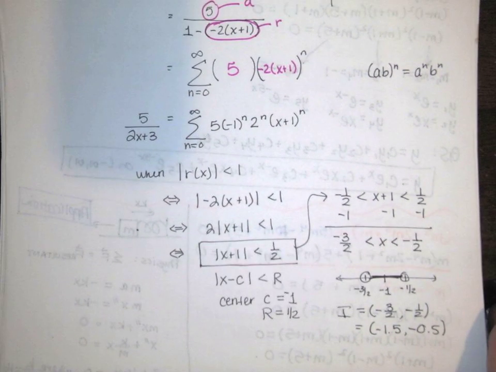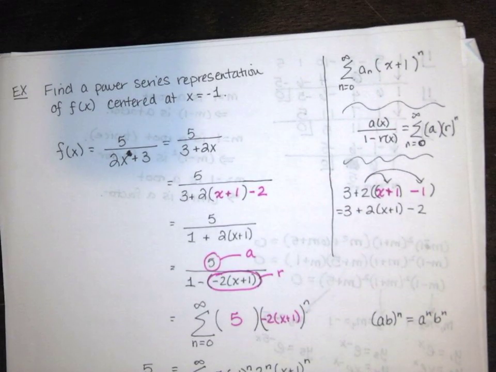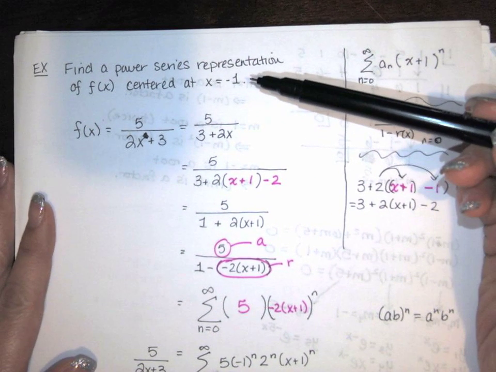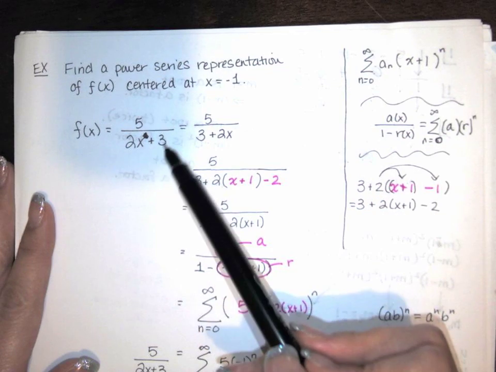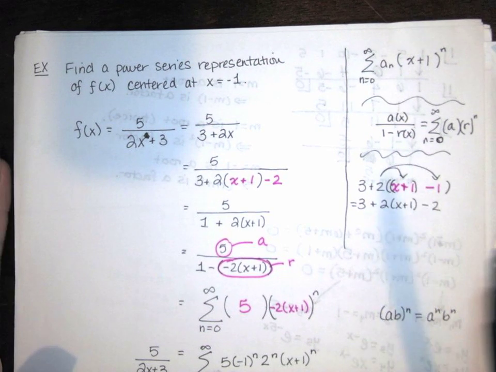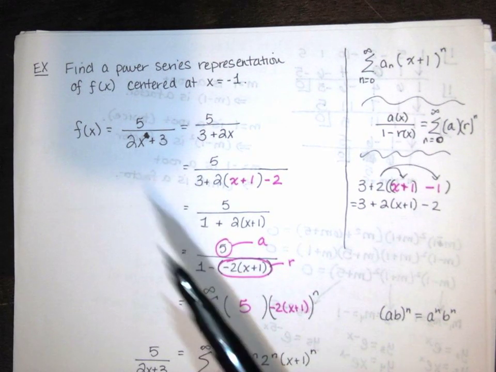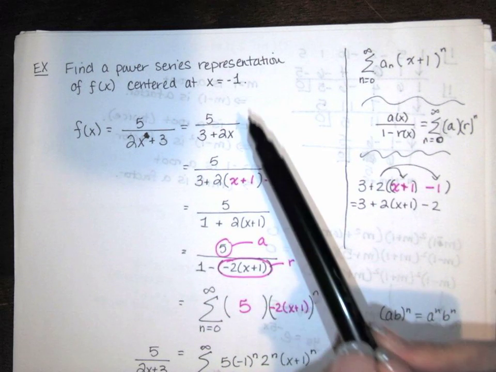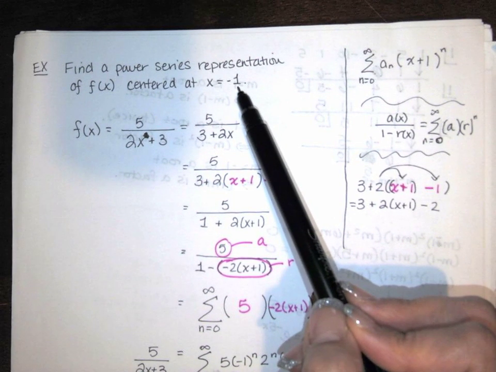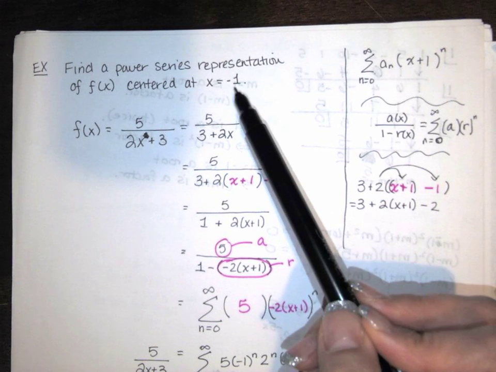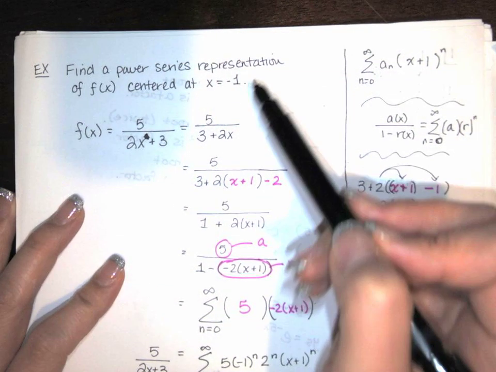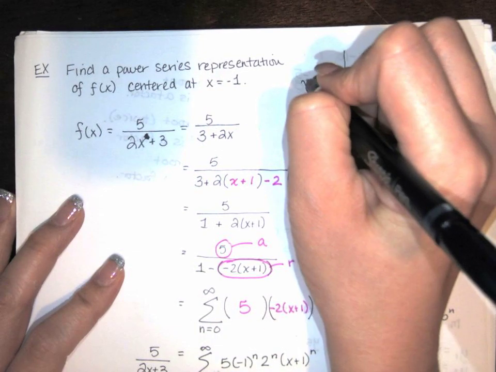Okay, so just as a recap, if you want a power series centered at something other than 0, you want a power series representation for a function that kind of looks like a over 1 minus r. Not yet, but it's close. We're just going to do some algebraic manipulation. If it has to be centered at something other than 0, like negative 1, let's say it's centered at c, you need x minus c.